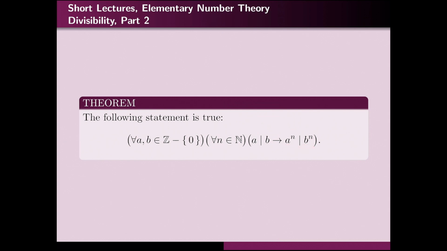Of course, here it is clear that n should be a natural number, because if it is a negative integer, then a to the power of a negative integer is not guaranteed to be an integer in the first place, and this relation only holds if I have integers on the left and on the right. Otherwise, this relation is not even defined.